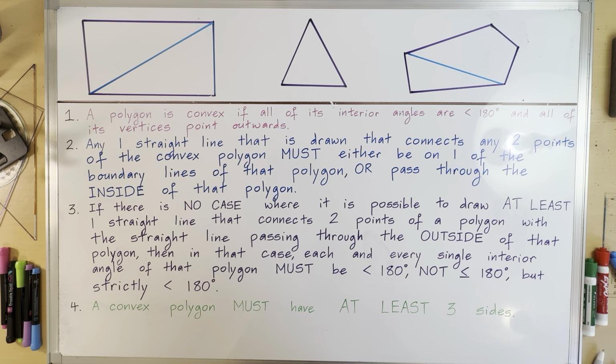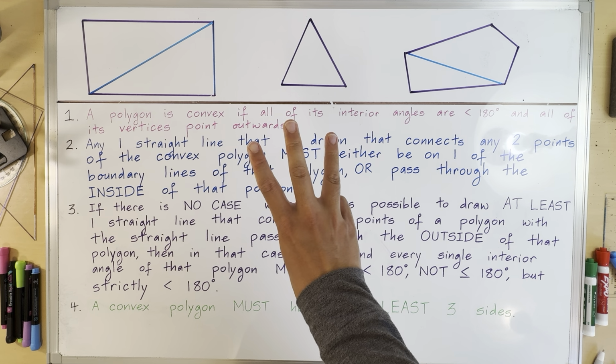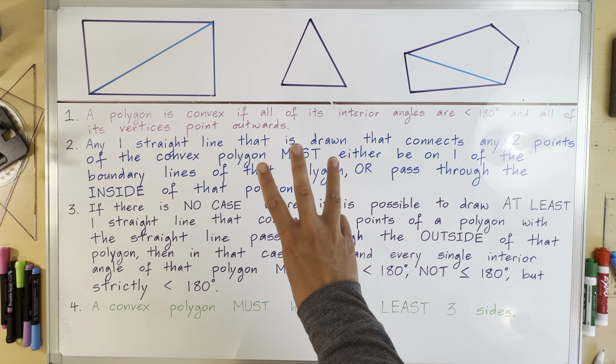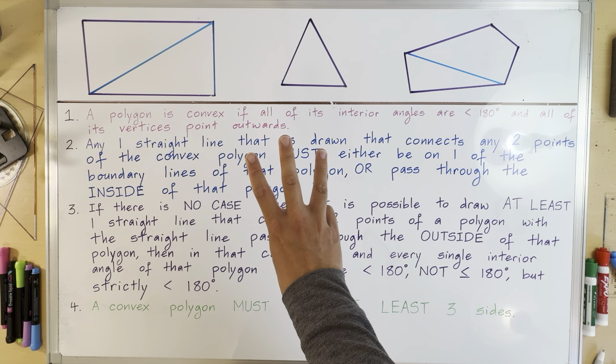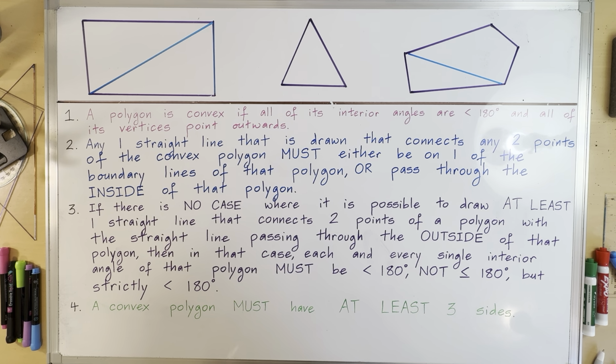You need at least 3 straight lines, that is 3 sides, in order to draw a convex polygon. And this is the logical analysis of convex polygons.